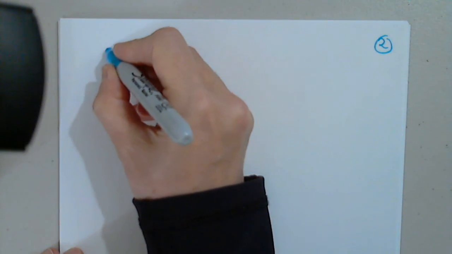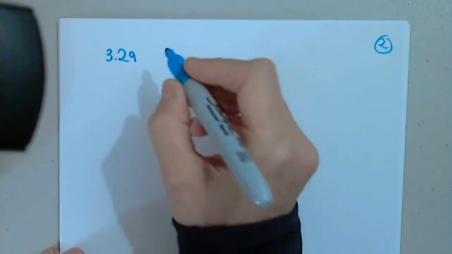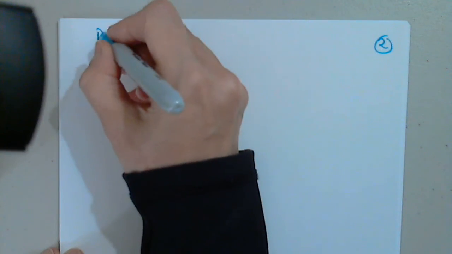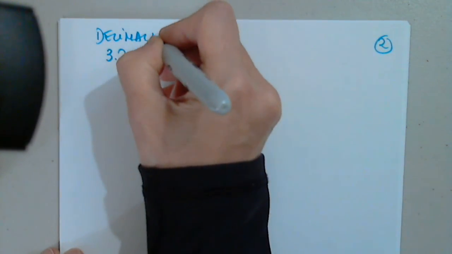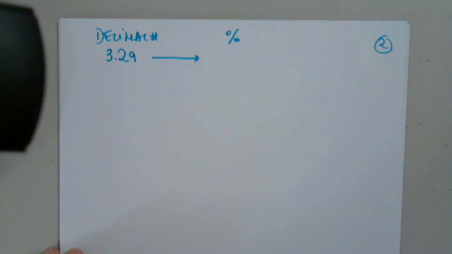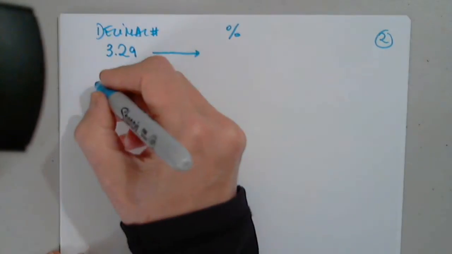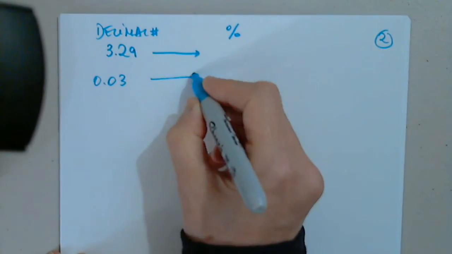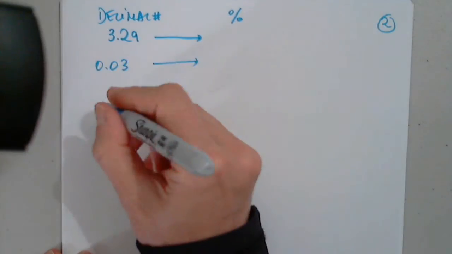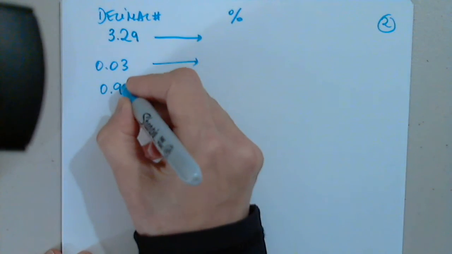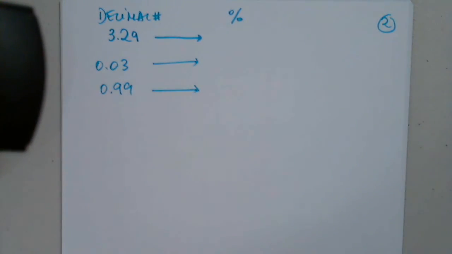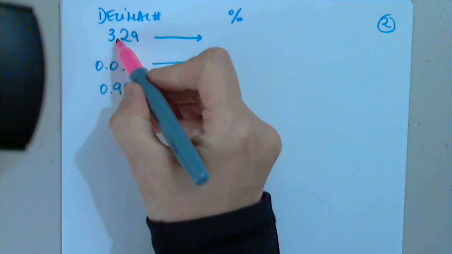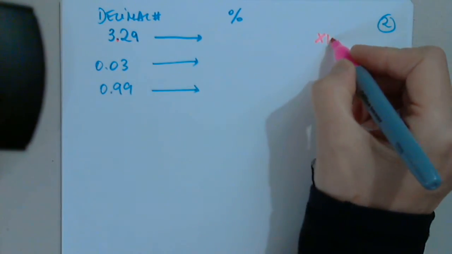So let's say we have now 3.29. And we want to change it. So this is a decimal number. And we want to change it into percent. Let's say we have 0.03 and we change it into percent. And let's say 0.99. Now we reverse the procedure from a few minutes ago. So this number is multiplied by 100 now.